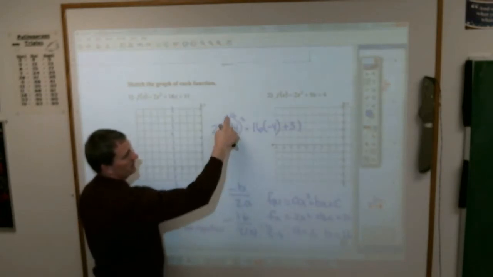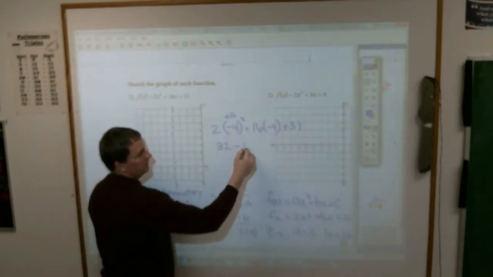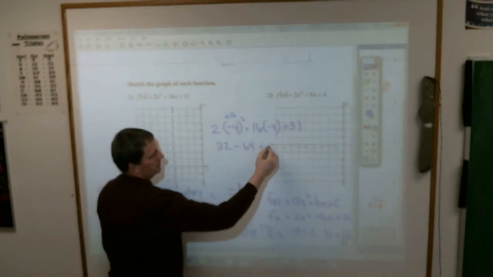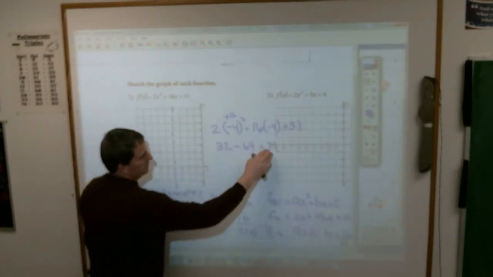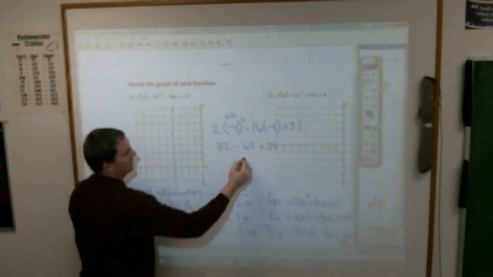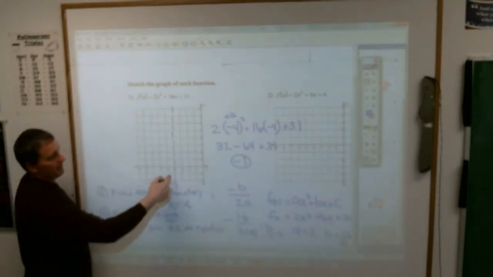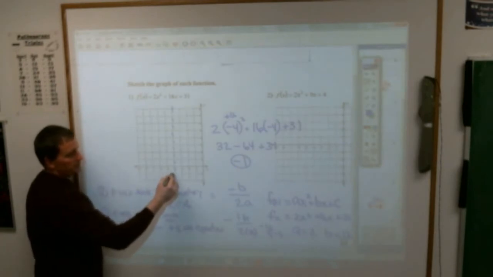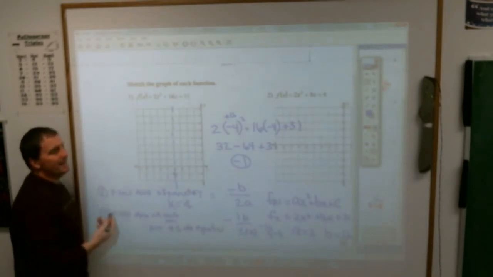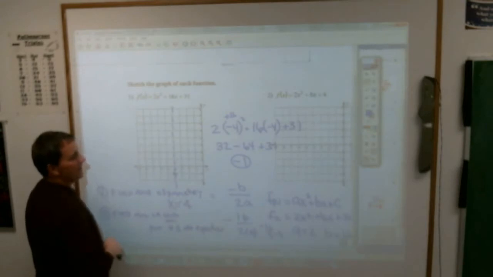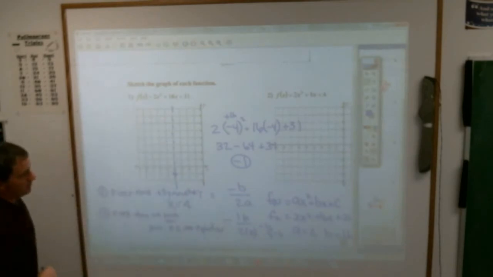Positive 16 times 2 is 32. 16 times negative 4 is negative 64 plus 31. I really wish I would have started with that one because the numbers are easier. And look, 31 and 32 is 63 minus 64 is negative 1. And that means right here at the axis of symmetry y equals negative 1, that is my minimum. That's the lowest that graph is going to be. Now I know that my graph is going to bottom out there and look like that. Okay?